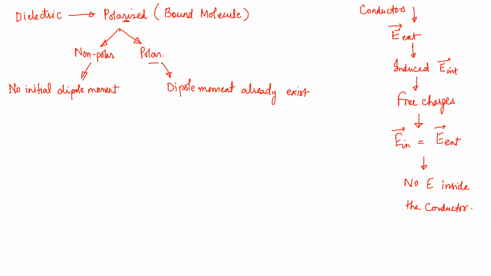Now we provided E external. What happens is that the non-polar gets induced polarized, giving an induced dipole moment. In polar, the dipole moment already exists, but with random orientation, hence no net dipole.